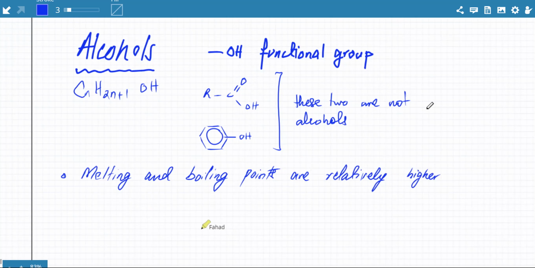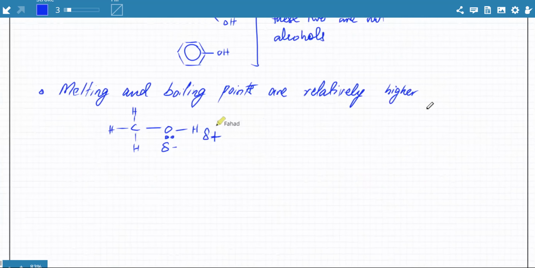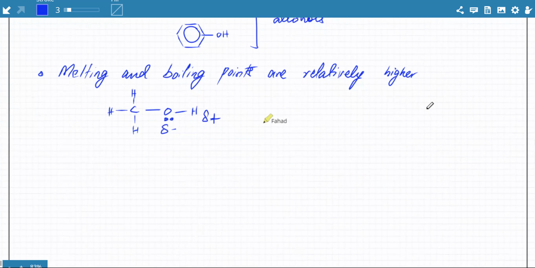Why are they higher? Because the molecule has OH in it, which indicates okay, when O and H are together, it would be a highly polar molecule. I mean, this part would be highly polar. Not the entire molecule, only the OH wala part in it, that's going to be highly polar.